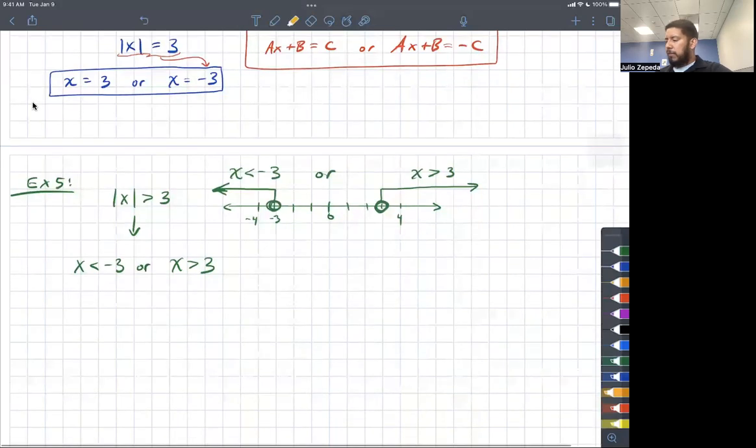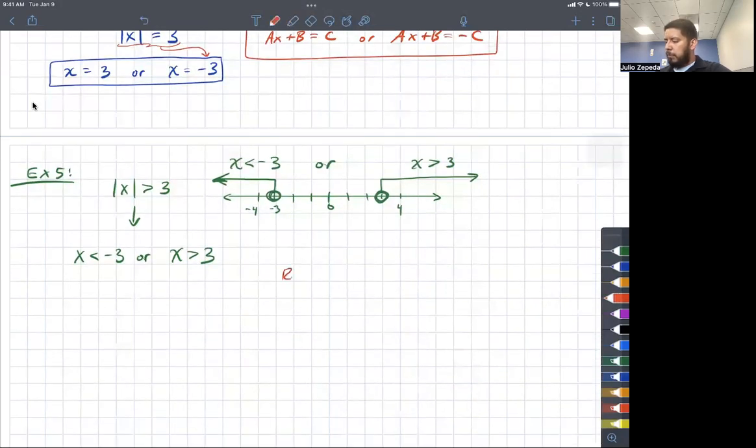Okay, so then this will give us our rule, which I'll call rule number 2. It says that the absolute value of ax plus b greater than c is equivalent to the two inequalities, or the compound inequality, ax plus b is greater than c.